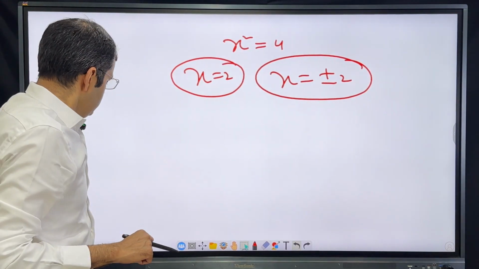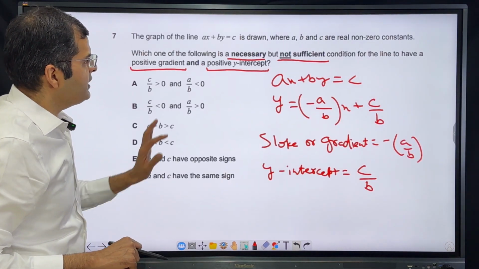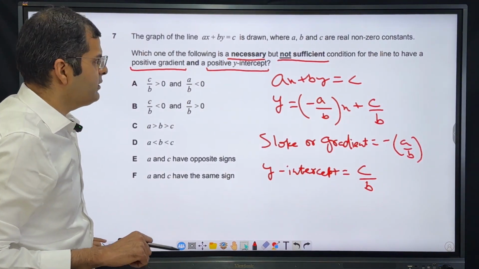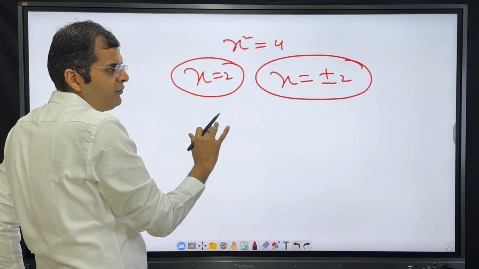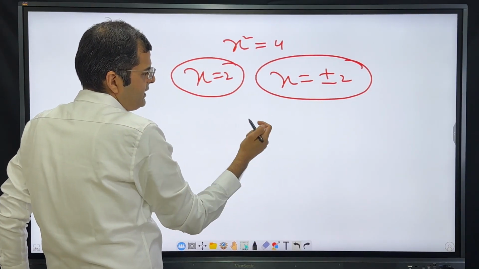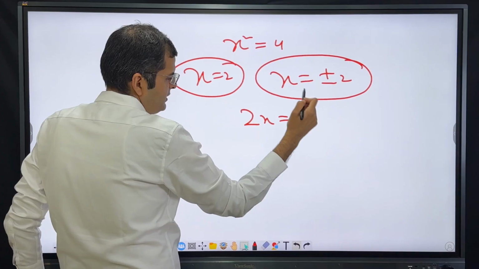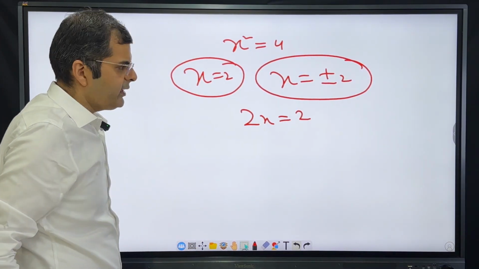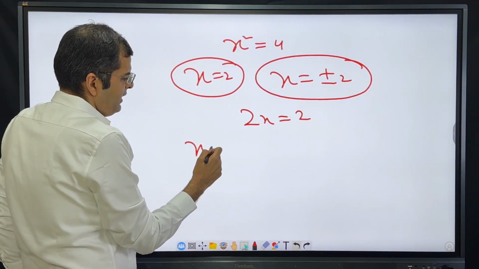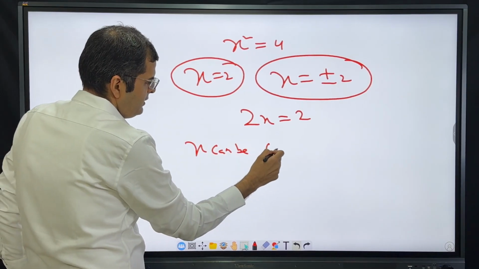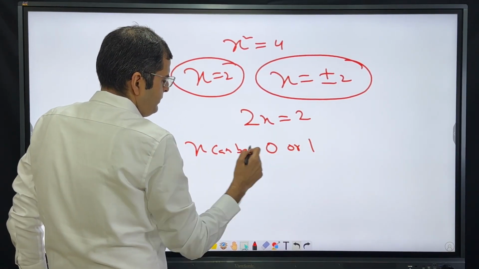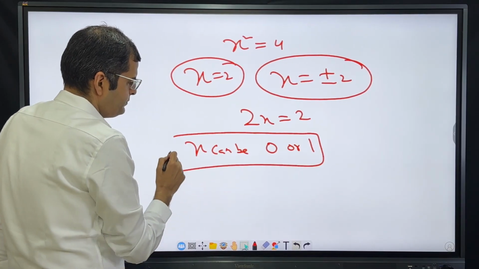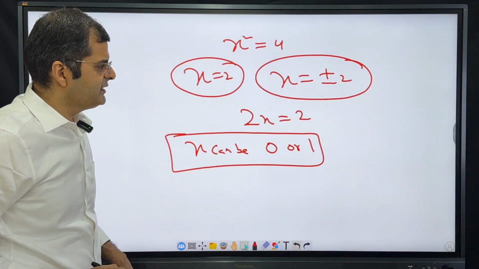In this question, we have to figure out a situation where the condition is necessary but not sufficient. Let me also give you an example for that scenario. Let us say I have written 2x is equal to 2. Now, if I say x can be 0 or 1, what is this?